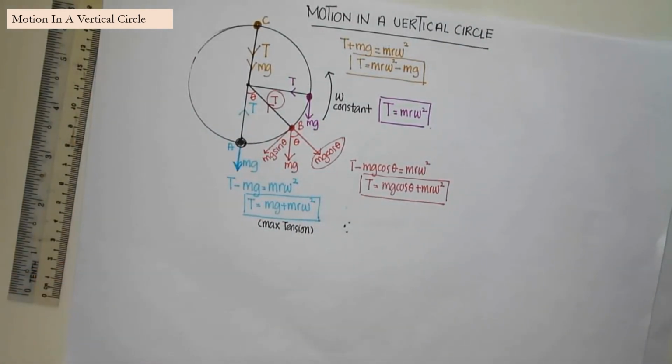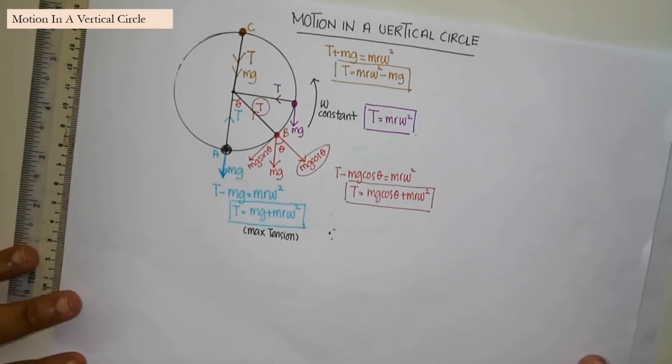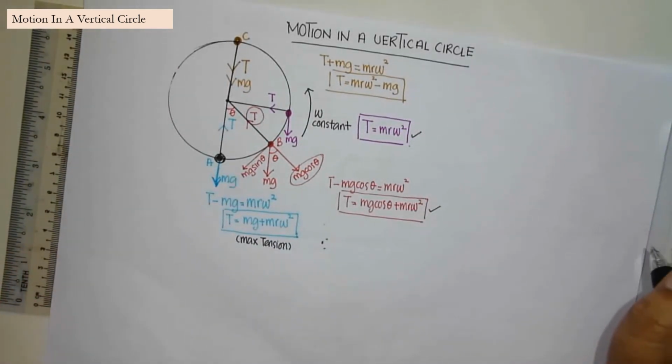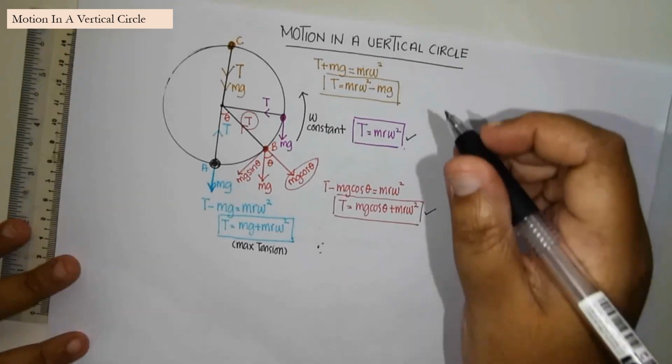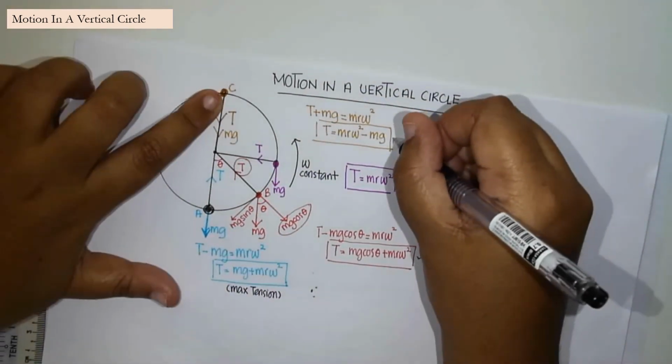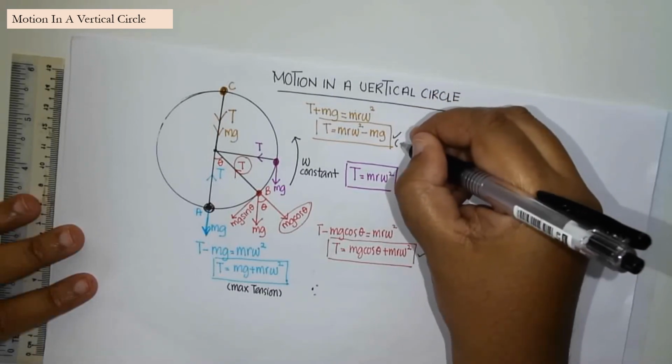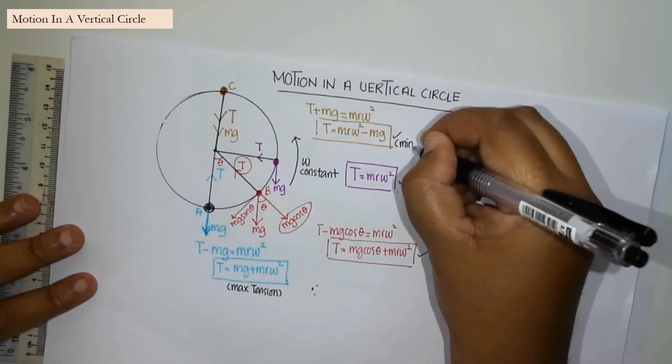Okay, and then after that at point B, when theta is 90 degrees, you will realize T equals mr omega square. Here is mg cos theta plus mr omega square. And then here is mr omega square minus mg. So this will be the least tension, that means minimum tension.